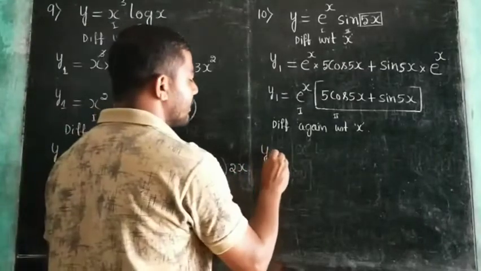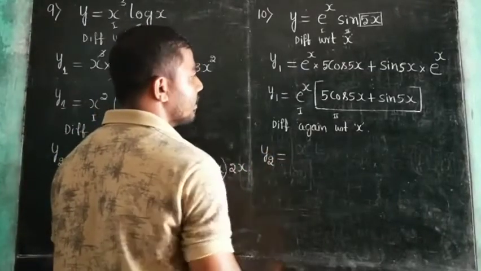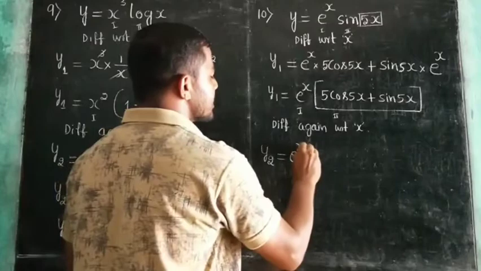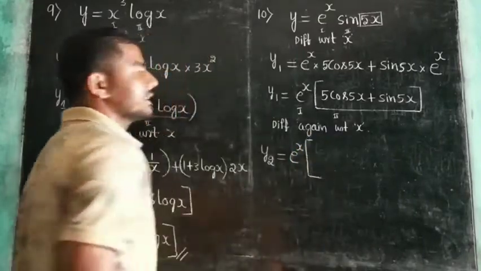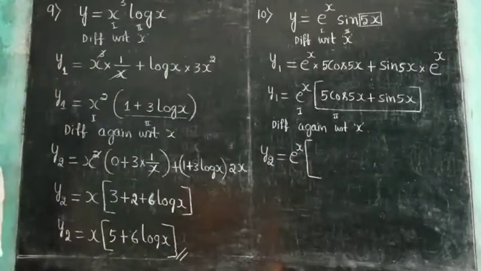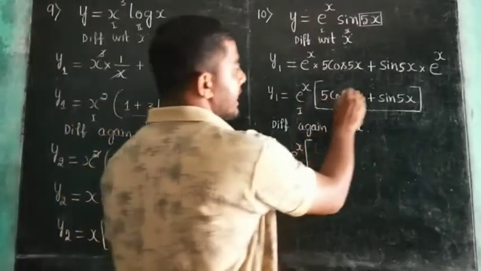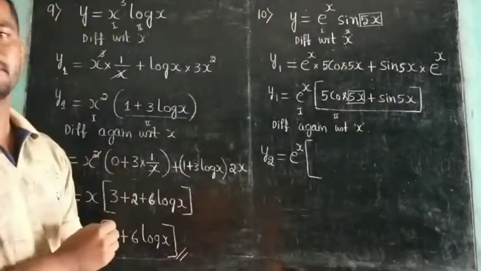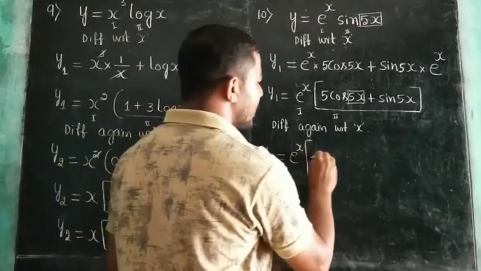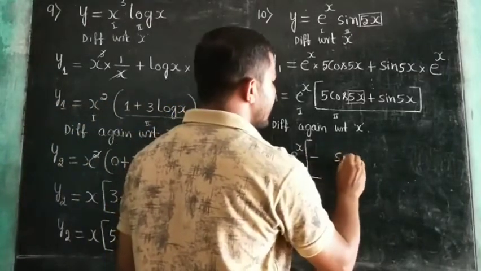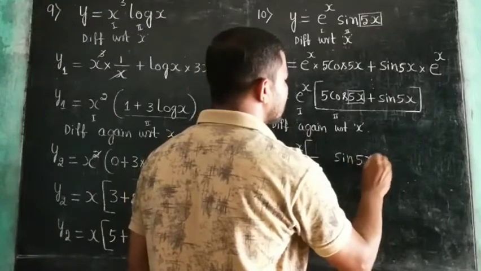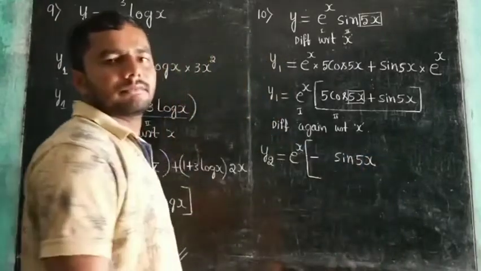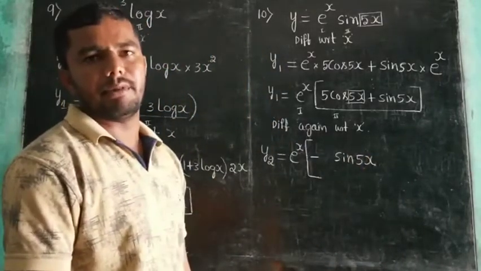The derivative of y1 is nothing but y2 is equal to, take first function as it is and write the derivative of the second function. Here 5 is a constant. What is the derivative of cos dabba? The derivative of cos dabba is minus sin dabba into d by dx of dabba.